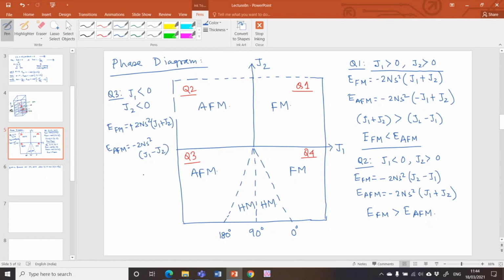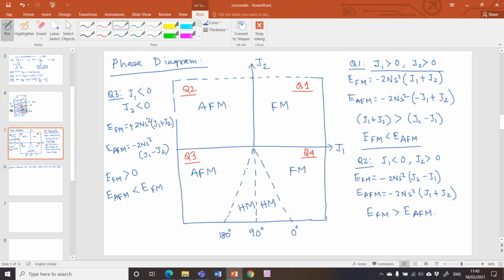So here again you see that EFM is always greater than 0, but EAFM is negative because J1 is greater than J2. So here we will again get EFM greater than EAFM.